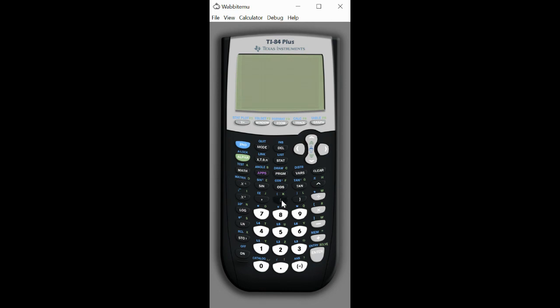Number 13, so it's the quantity 3 minus 3i, close parenthesis, times, I don't need a times symbol. Well, I do need parentheses though.